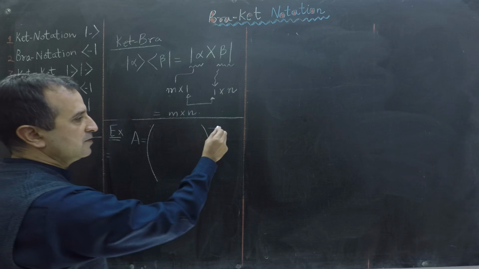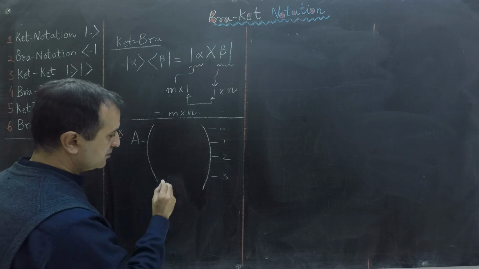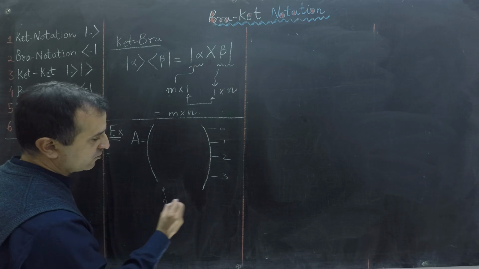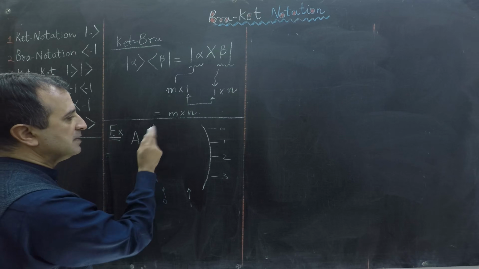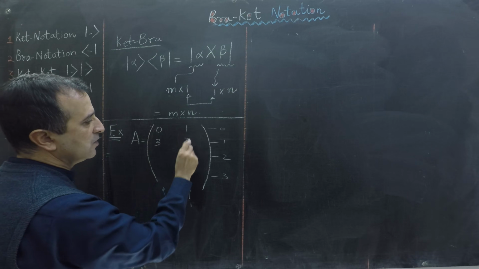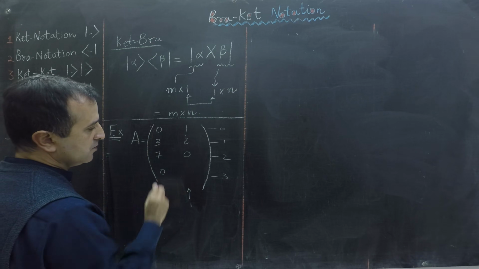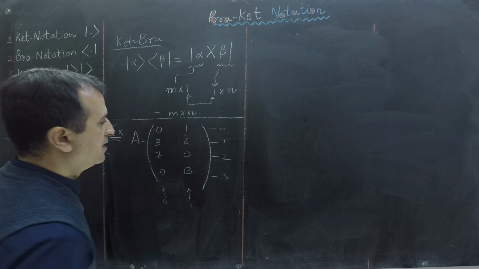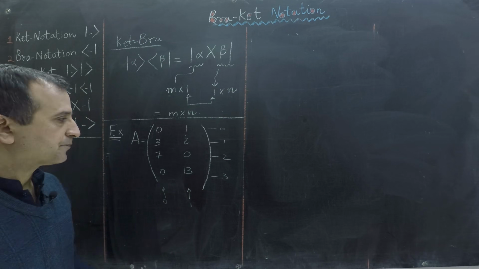So it will have 0, 1, 2, 3 rows and 2 columns. This is the 0th column, this is the first column. The entries of the matrix could be randomly 0, 1, 3, iota, 7, 0 and 0, 13. And I have to express this matrix using Ket-Bra.